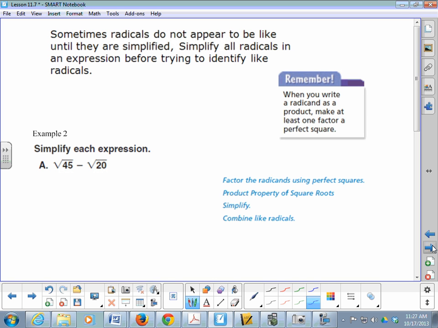So we have the square root of 45 minus the square root of 20. Alec, can I add them together, or subtract them in this case? No, not as they are. But possibly I could simplify them so that I could. So I want you to simplify them.